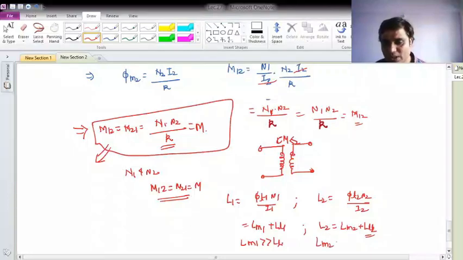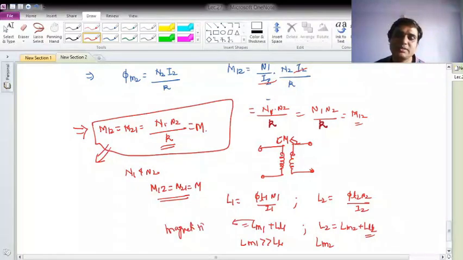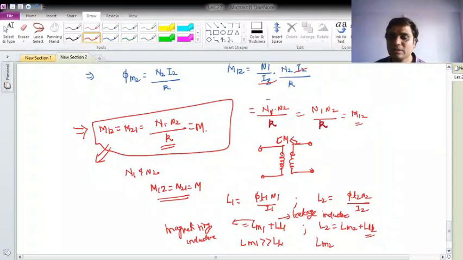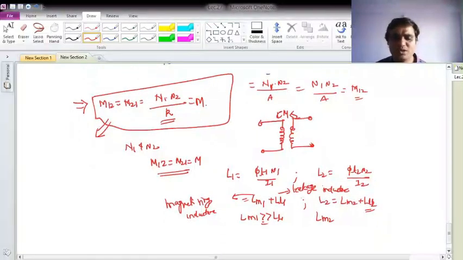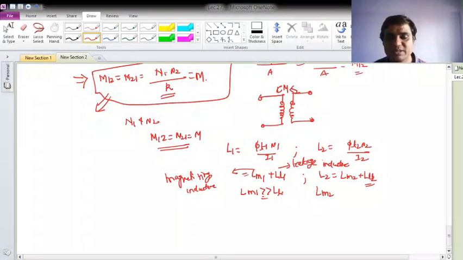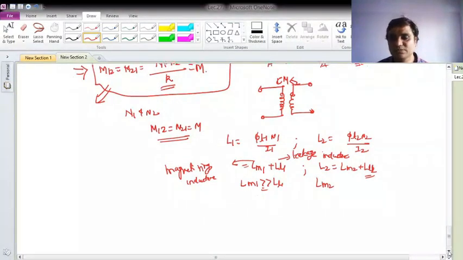Here also Lm2, the magnetizing inductance, is very much greater than the leakage inductance. So the leakage will be a very small fraction, let's say 2% or 3% of the total. Okay, so this way you can define the self inductance and mutual inductance.